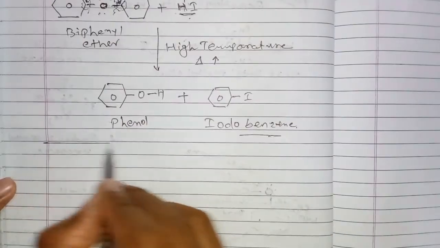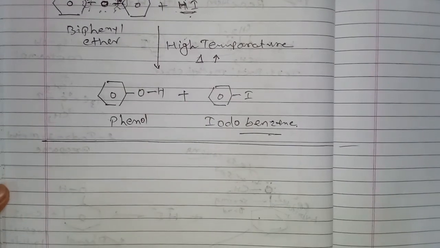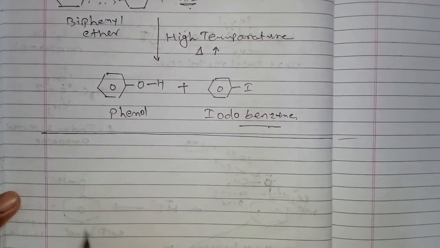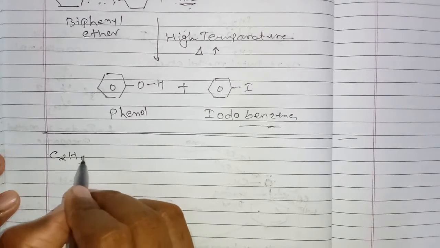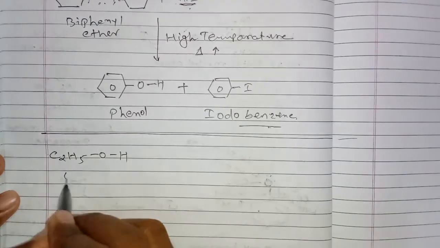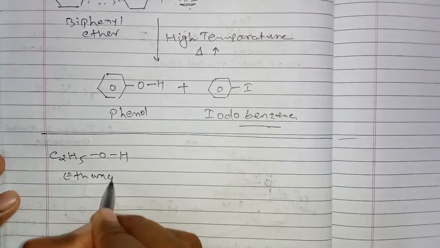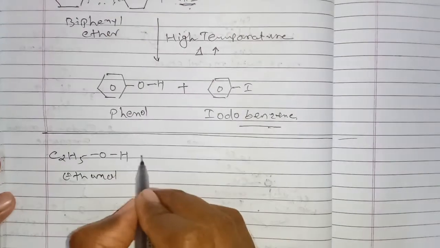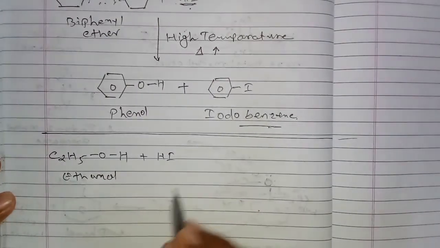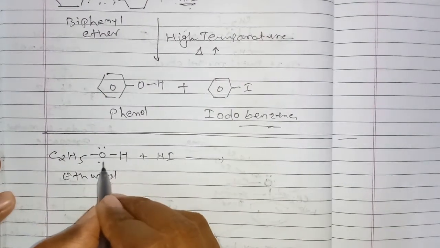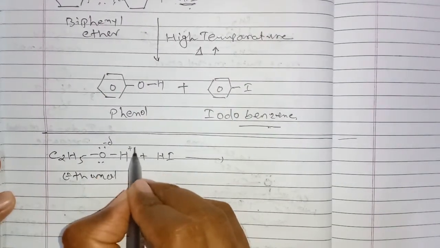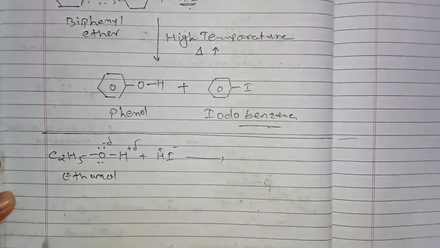Let's see another reaction for ethanol. Ethanol reacts with HI. This has a partial positive charge.